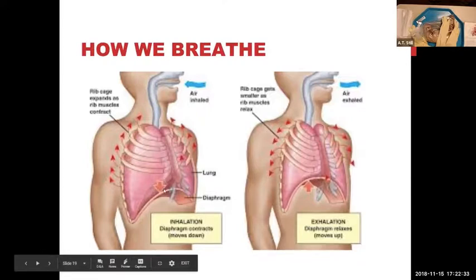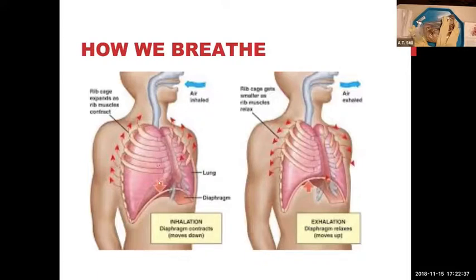And when we breathe in, the diaphragm is going to go downwards, and it's going to basically pull these lungs down and make the thoracic cavity bigger so that the lungs can expand and fill with air. We also have these muscles between the ribs called the intercostal muscles that are going to help pull the ribs outwards so that the thorax can expand and the lungs can expand inside of the thorax. And that's when we take a breath in.